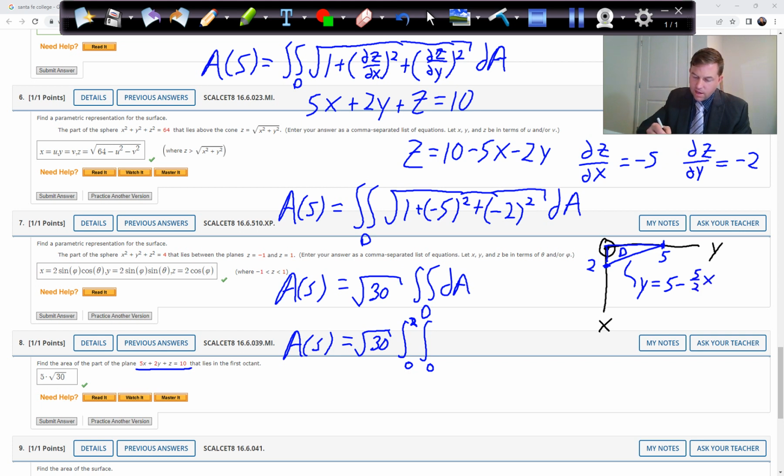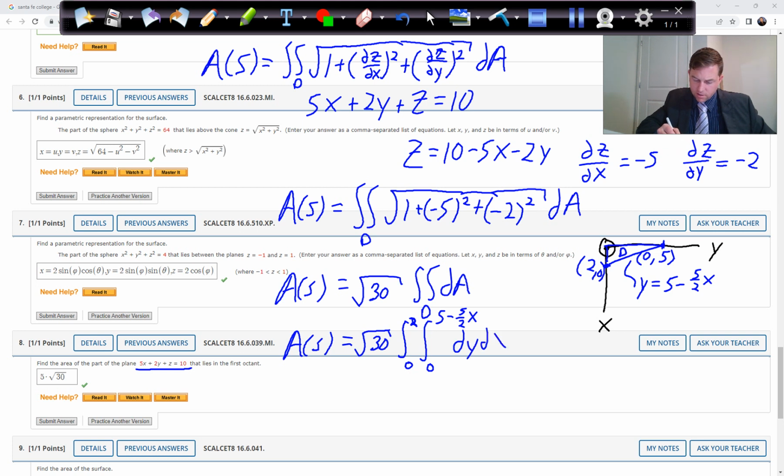You can get that just by using these 2 points: 2 in the x, 0 in the y, and 0 in the x, 5 in the y. Use those 2 points to get the slope, and then use point slope form to get this equation.